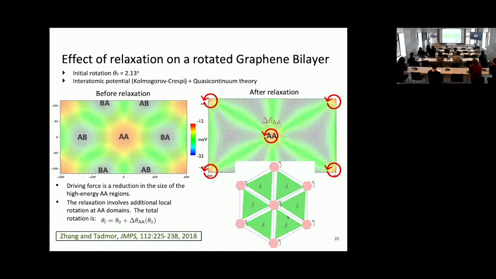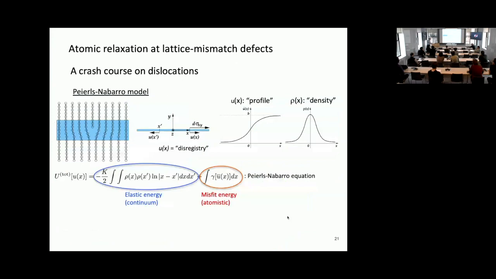There are the AA regions here, which shrink and twist more than the overall twist angle that you are imposing. And interestingly enough, the large green triangles representing the AB or BA regions twist in an opposite direction by a smaller amount, which depends on the length scale of the pattern. So this is a very interesting type of situation. And yes, a quick question.